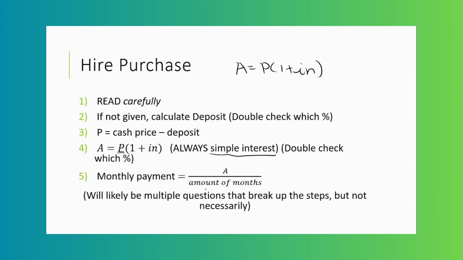So here, when you divide, it's how many months, but in your formula, that will still be years because your interest rate is per annum. Okay, so you need to make sure what your interest rate says matches up with what you put there for your N. Okay, that is separate from your monthly payments, what you divide by.